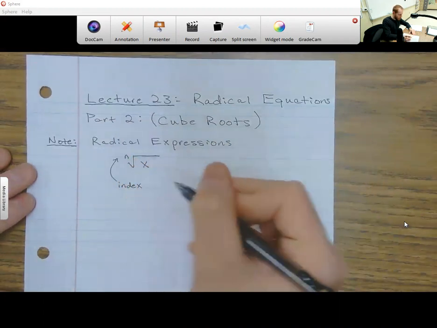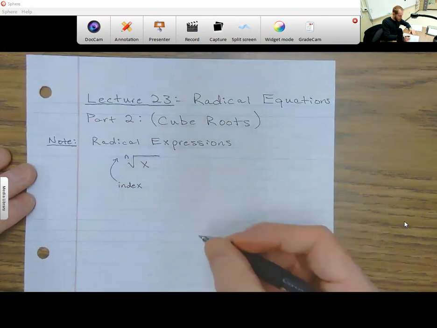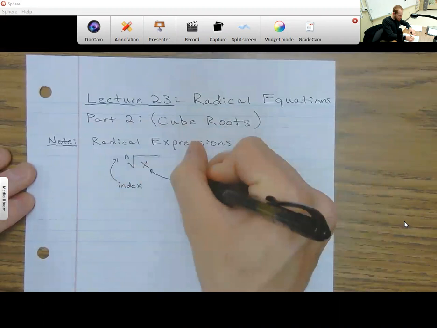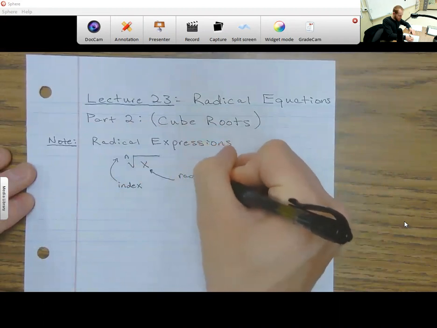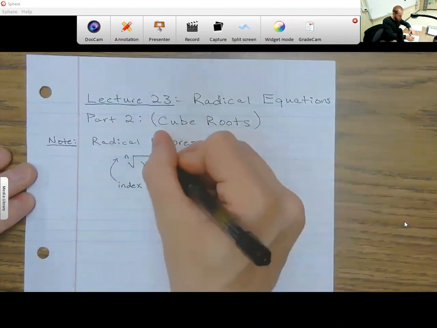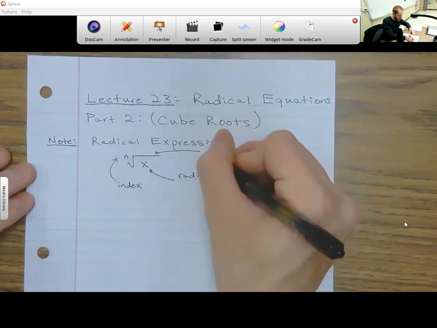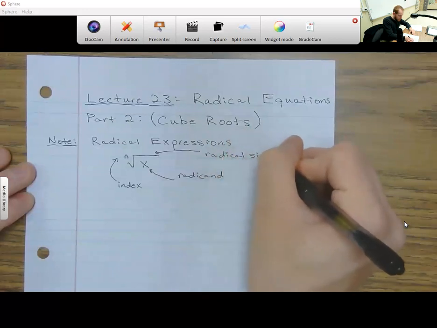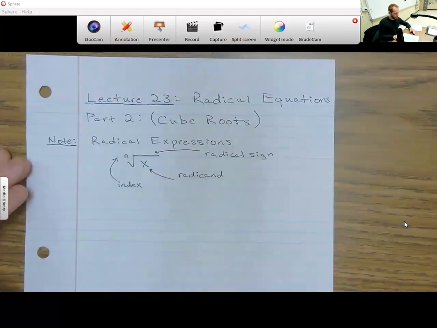And whatever's on the inside is called the radicand. And then the sign itself is called the radical sign. So for any radical expression, there's going to be 3 components: the index, the radicand, and the radical sign.